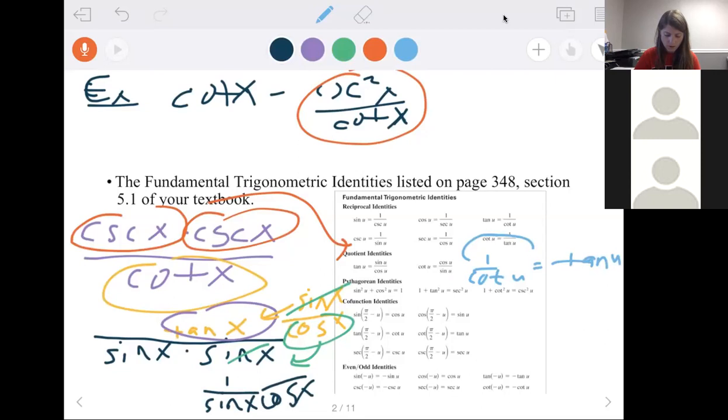So looking at our cosecant squared, we wrote that as cosecant times cosecant over cotangent. And then we wrote our cosecants as 1 over sines, so we have 2 copies of those. And then our tangent, we did sine over cosine. One of our sines canceled.